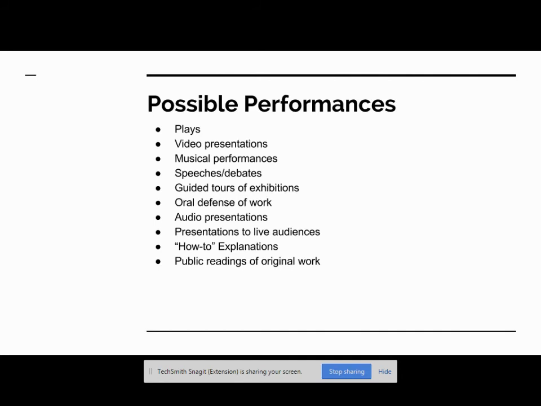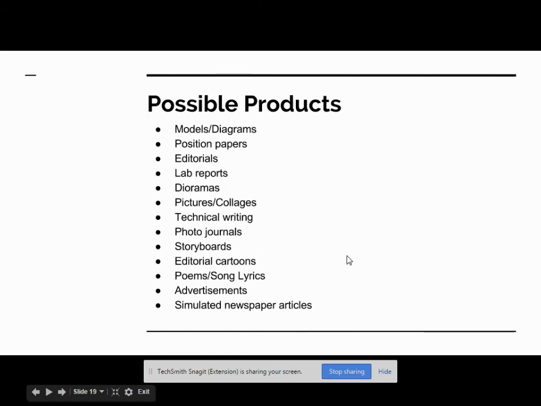All performance tasks have a tangible product or performance which students must complete. This is the what aspect of the task. So it's very important that students understand the expectations. Some possible products you see listed here: models, editorials, lab reports, storyboards, song lyrics, advertisements.